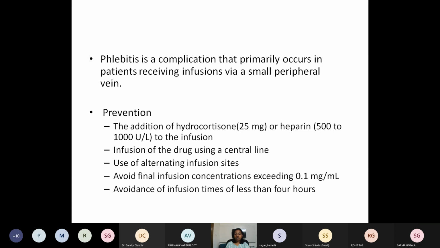But they have said that we can add hydrocortisone, 25 milligram, or heparin, 500 to 1000 units to the infusion itself, and this will reduce the incidence of phlebitis. Another way to reduce this is to avoid a final infusion concentration of more than 0.1 milligram per ml, and to give a slow infusion rate.